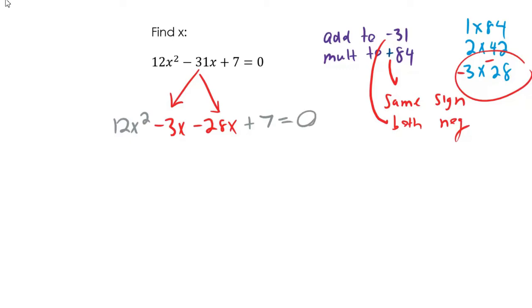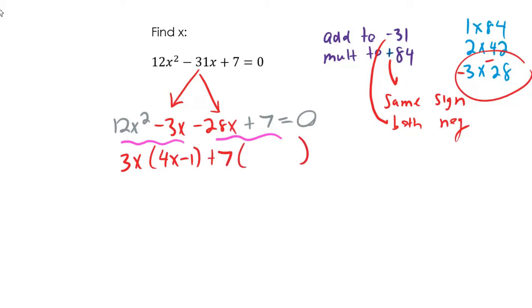And now we can do factor by grouping, which is factoring the first two and the second two using GCFs. So the factor for 12x squared and negative 3x is going to be 3x, and that'll leave us with 4x minus 1. For negative 28x and positive 7, we can factor out a negative 7. Now, let's just say we factored out a positive 7.